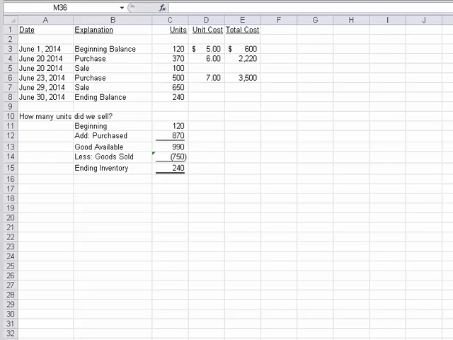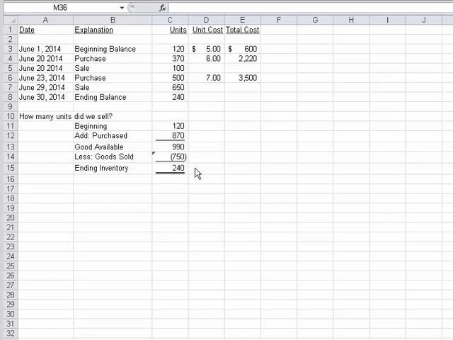Now if you think about it, it really is an allocation of the goods available, right? We had 990 units. We have to come up with the value of that, and then we're going to allocate a portion of that to the goods that were sold, and that allocation would appear in the financial statements as cost of goods sold. And the other allocation of that winds up as the value of ending inventory.